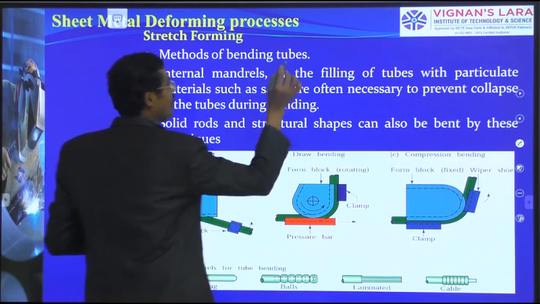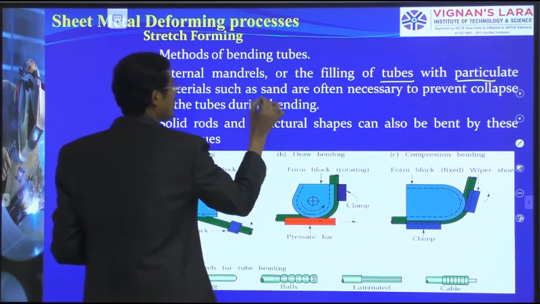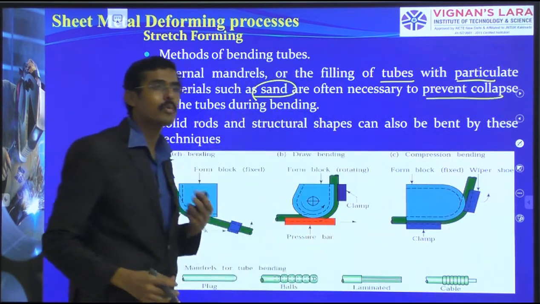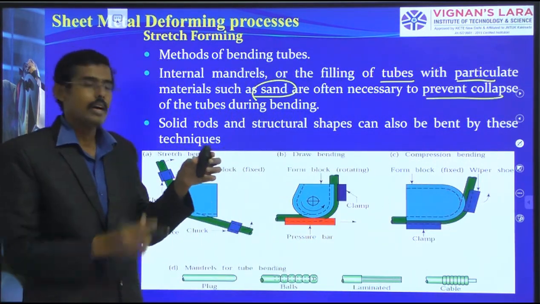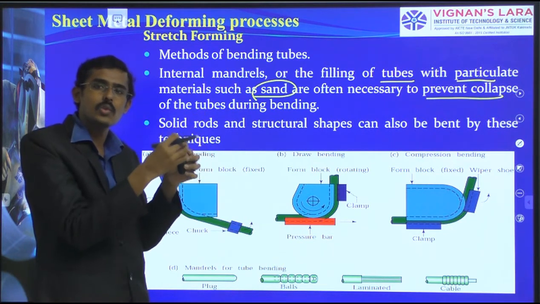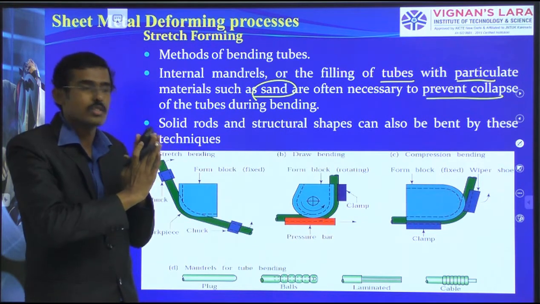An internal mandrel or the filling of the tubes with a particular material such as sand is often necessary to prevent collapsing. What I am doing is I have taken the pipe and filled it with sand, and that sand is going to give resistance to the compressive force when it is stretched.